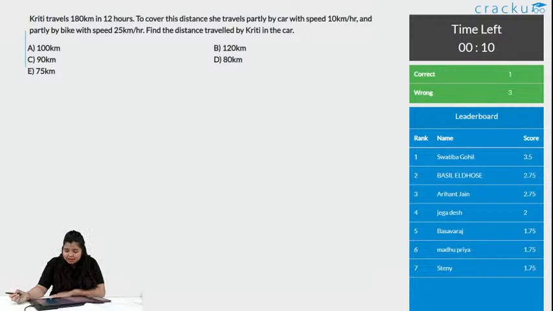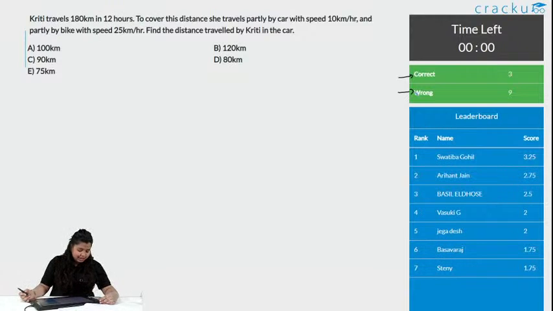Ten seconds remaining. One correct answer and 3 wrong answers. Okay. The time is up and there are 3 correct answers and 9 wrong answers. Yes, Rahul, option D is the correct answer, but let us see how do we solve this.